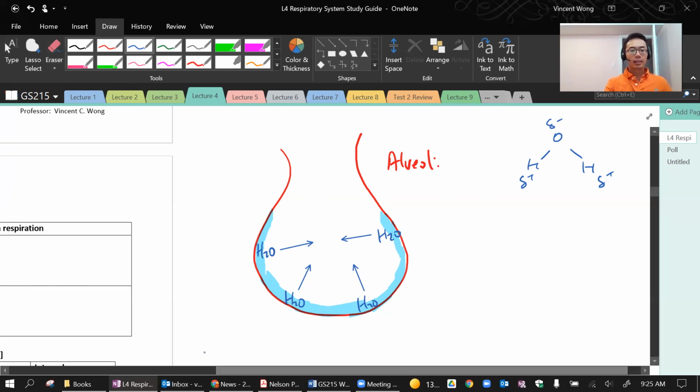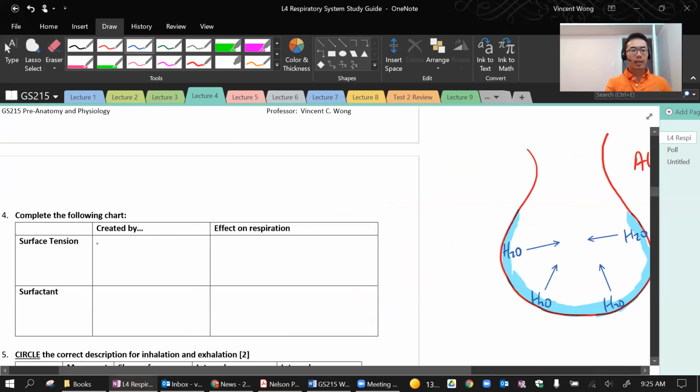The surface tension is created by the moist interior of the alveolus. Alveolus, singular. How is it going to affect respiration? Do you think this will help with breathing in, or help with breathing out?